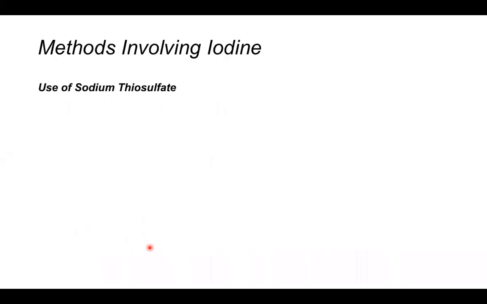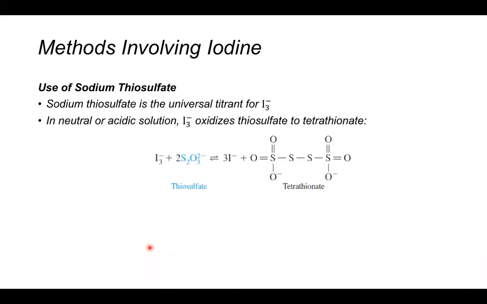Other methods involving iodine use sodium thiosulfate. Sodium thiosulfate is the universal titrant for triiodide. In neutral or acidic solution, triiodide oxidizes thiosulfate to tetrathionate. So triiodide reacts with thiosulfate to give 3 iodides plus tetrathionate.